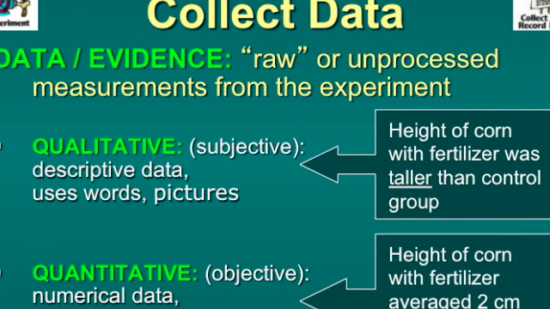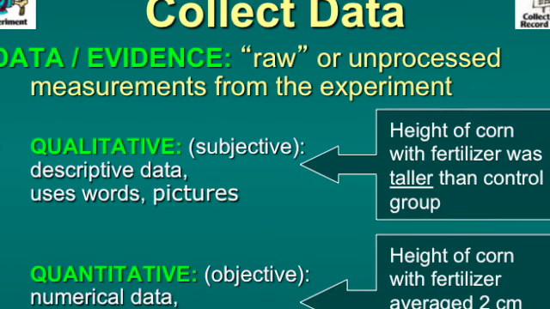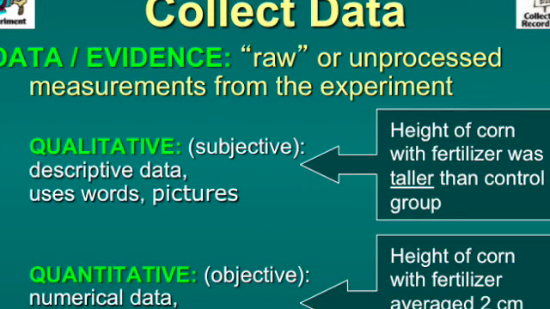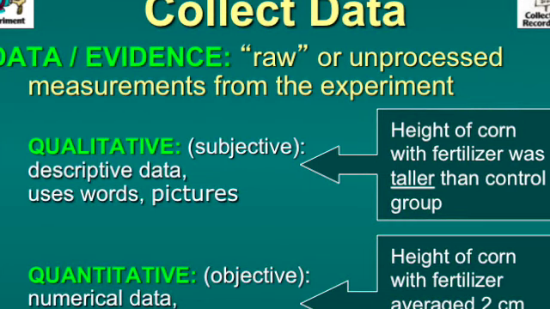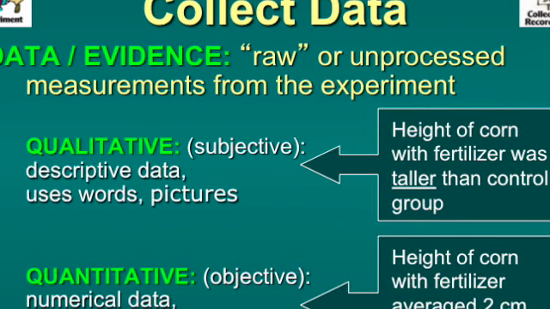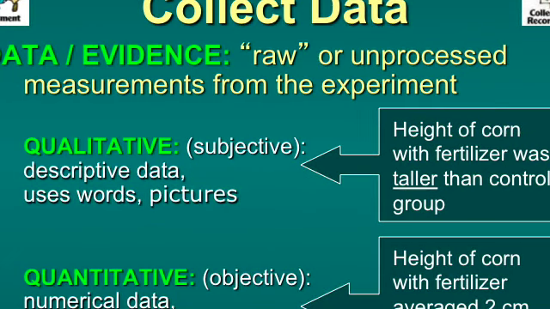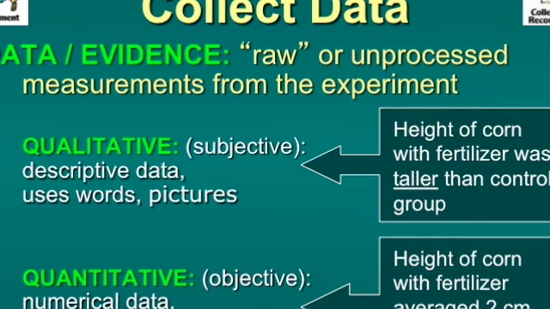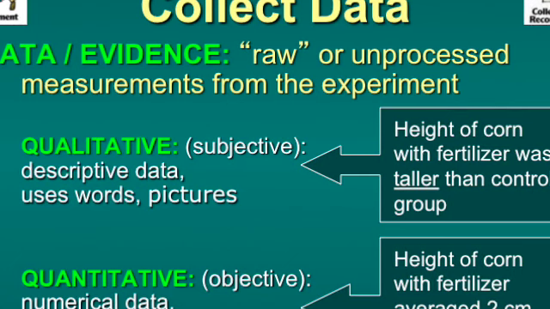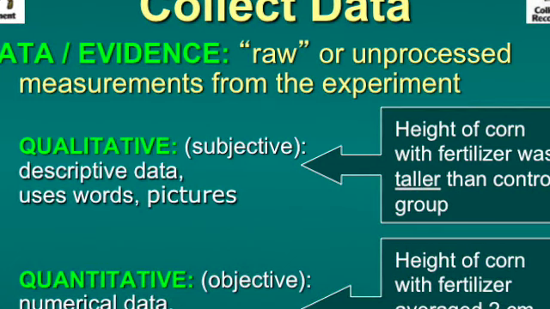Okay, but typically we like to go for something a little more specific, and we like to support with quantitative data. Quantitative coming from the word quantity, so it typically has to deal with a numerical value. And you also typically get this numerical value by using instruments, even if it's as simple as measuring with a ruler or a yardstick.